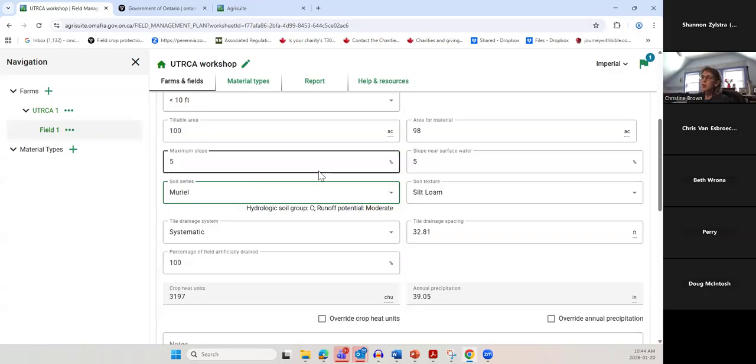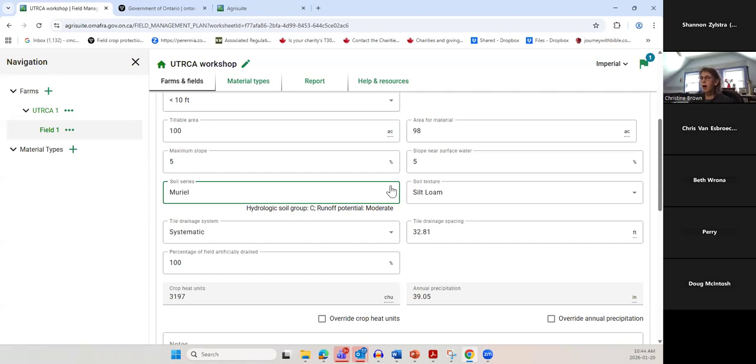And so what this shows you, so when you see hydrologic group C, runoff potential moderate, it gives you an idea of not just the surface texture, but also the subsurface and how that subsurface affects water infiltration. So if I've got a sand, then I've got the potential for nutrients to move through that sand very quickly, potentially getting to the groundwater.